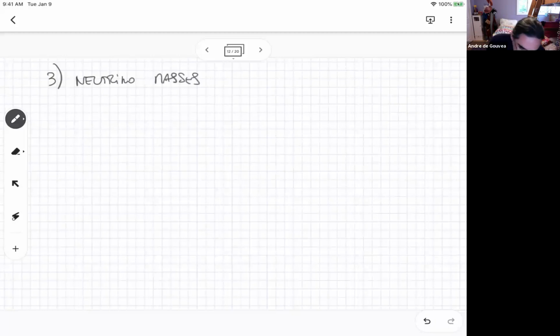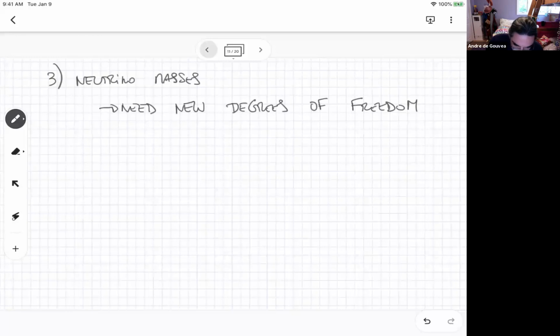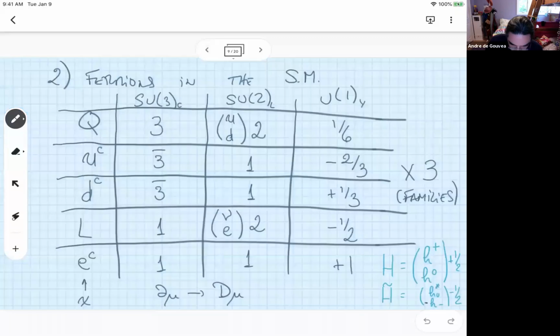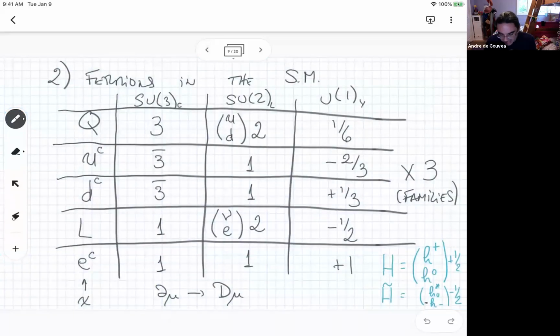And again, the key message before I start talking about specific details is the fact that we need new degrees of freedom. And the reason, again, goes back to this picture here, which is, I just told you that even including the Higgs boson, if you try to write down a neutrino mass, you will not succeed.